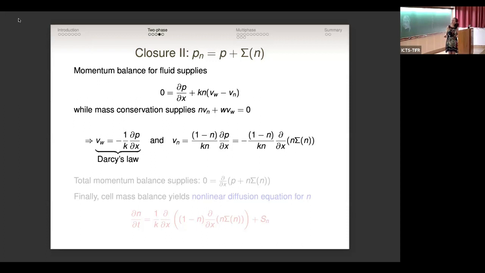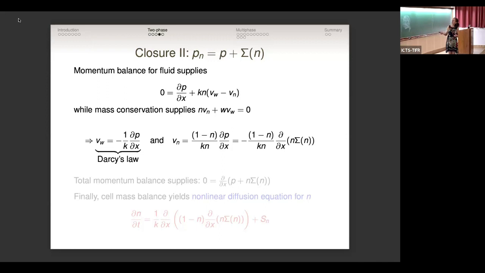We know that, again, it's just algebra, so dp by dx, and if you go back and use the cell momentum balance, then you can work out Pn in terms of this capital sigma n. Remember that Pn is P plus sigma n.